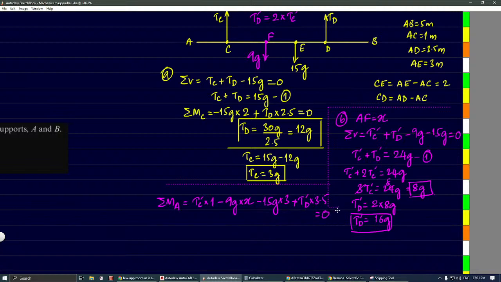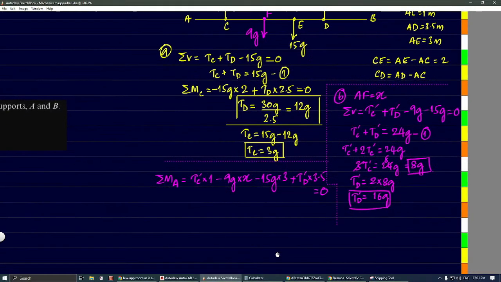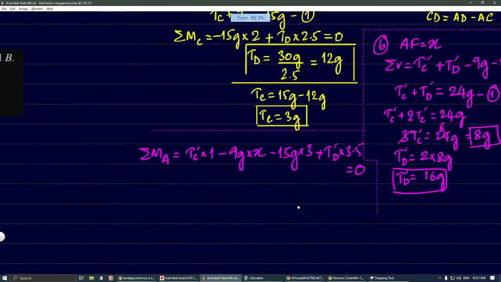So now we need to solve this equation and we will get the value of x. TC dash, TD dash, everything is known. So 9gx, we send it to the other side. TC dash is 8g, minus 15g into 3, plus TD dash is 16g into 3.5.